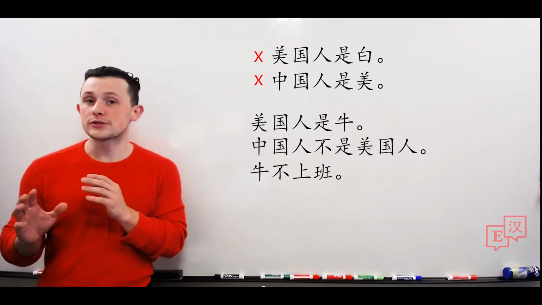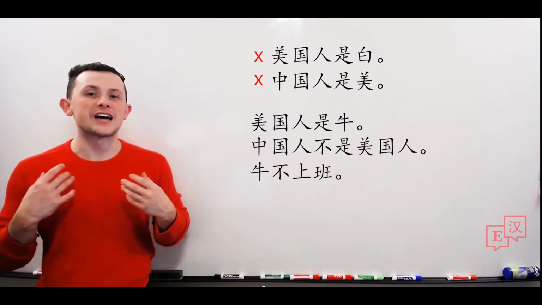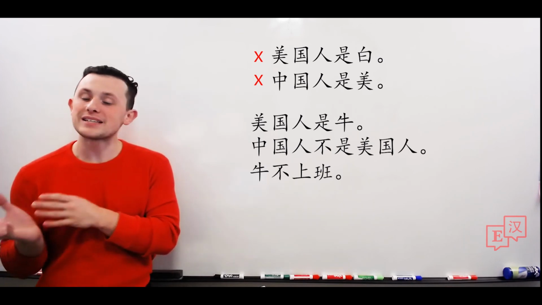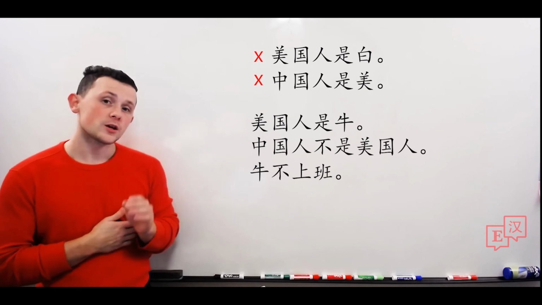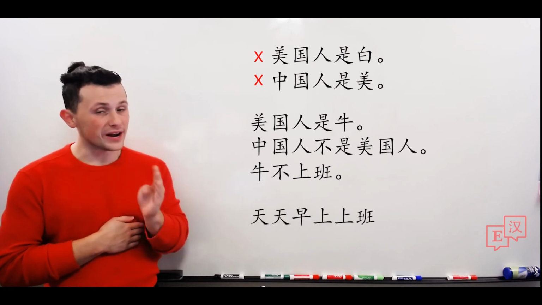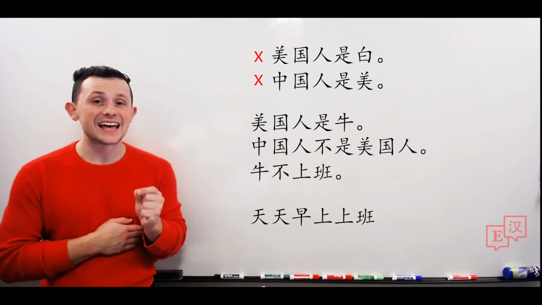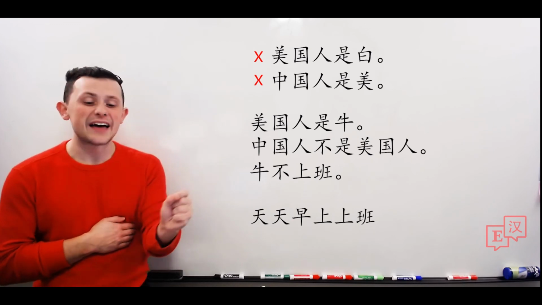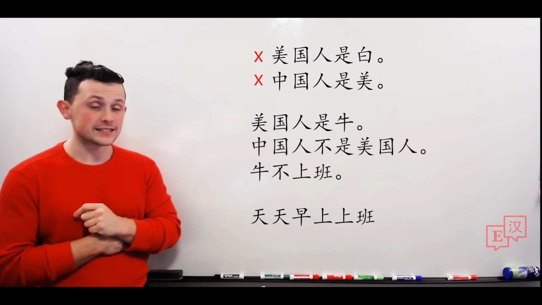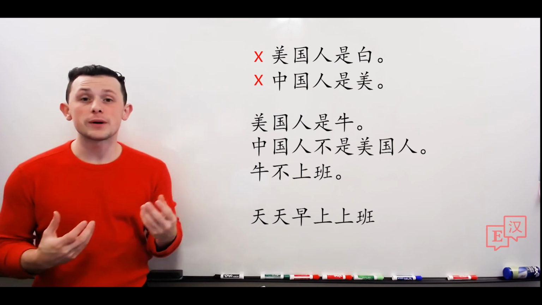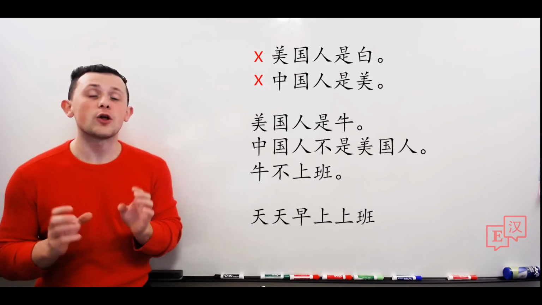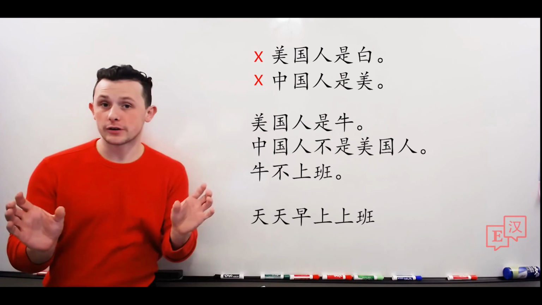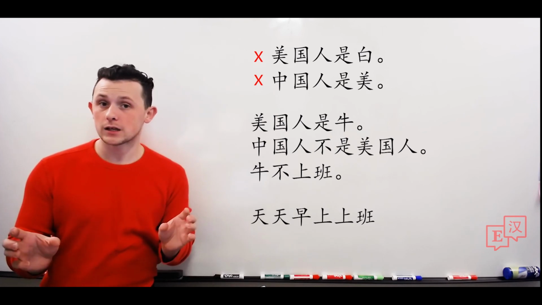Now, our next two examples are going to tell us a bit about how time works in Chinese, as well as basic sentence order. So our go-to rule we're going to establish right now is that time goes at the beginning of our sentence, which means if we have a verb, anything happening, an event, it'll always come after the time has been stated.